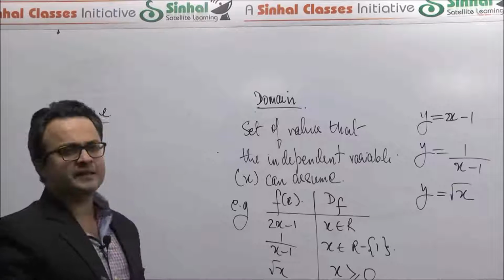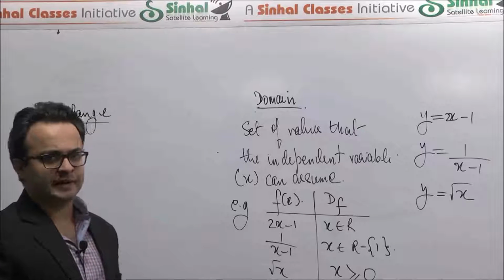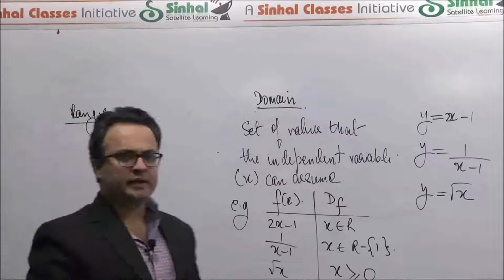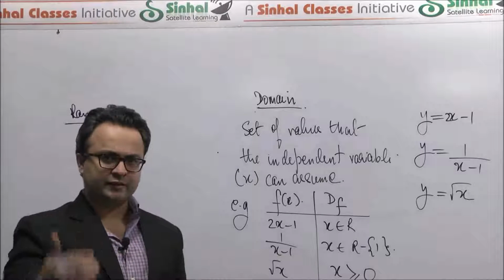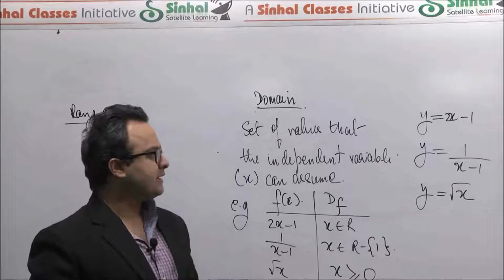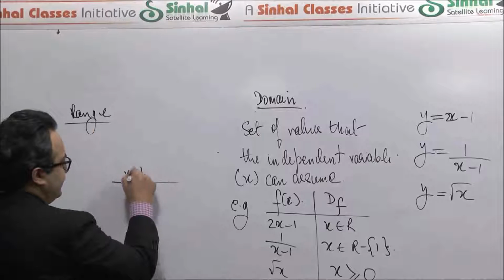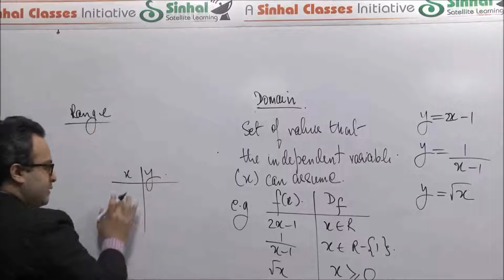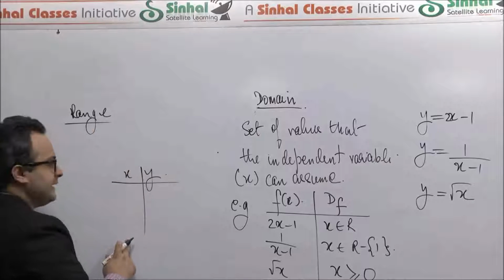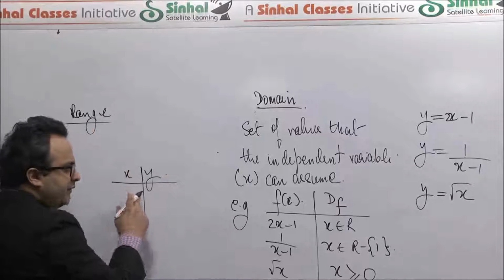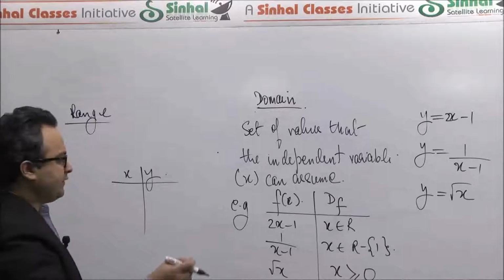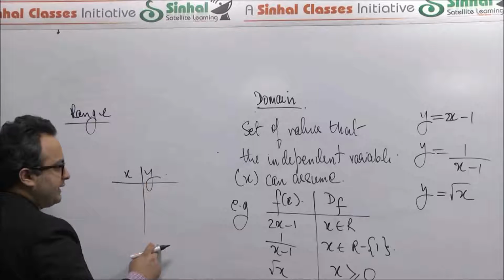The range is basically to y what the domain is to x. Once you identify the domain of the function, that is the set of values that x can take, you can think of a table in which you start listing the values that x can take. For each value of x, we've already seen that you'll get a corresponding unique value for y. So you'll start listing the values that y can take.